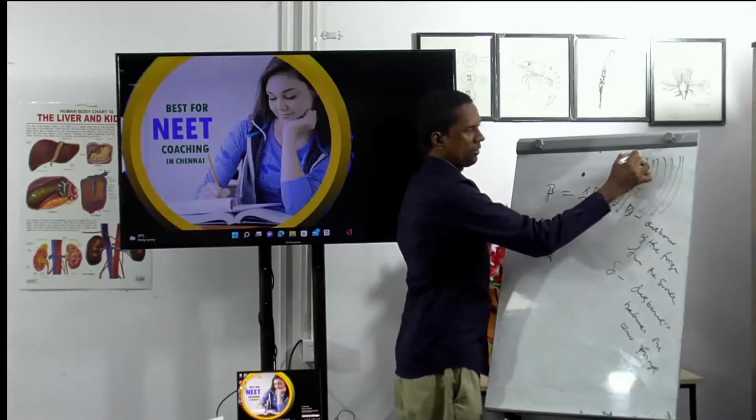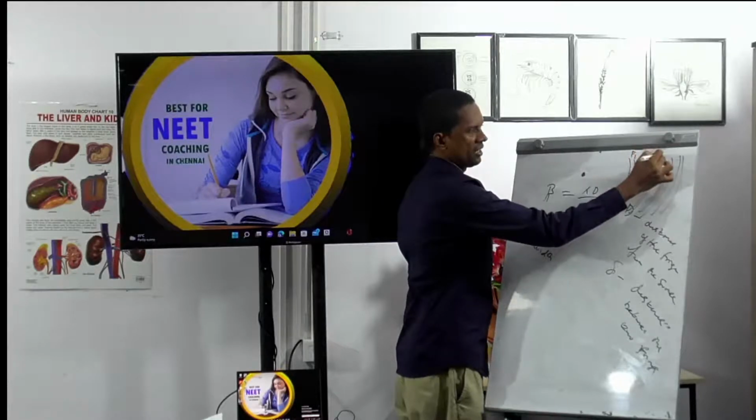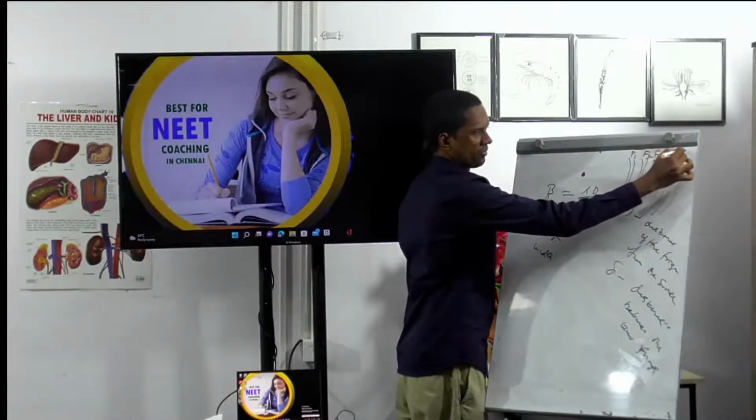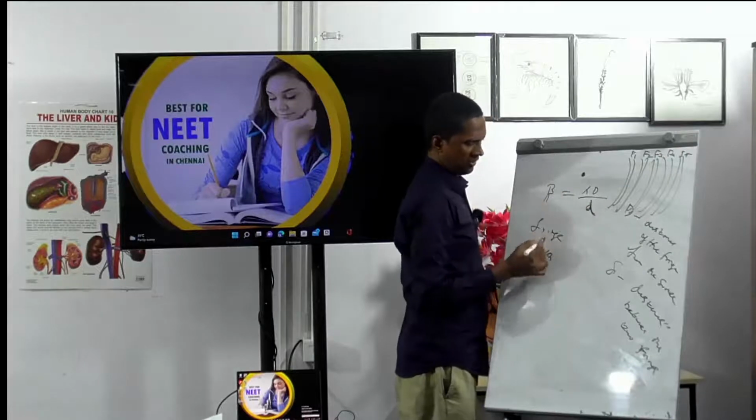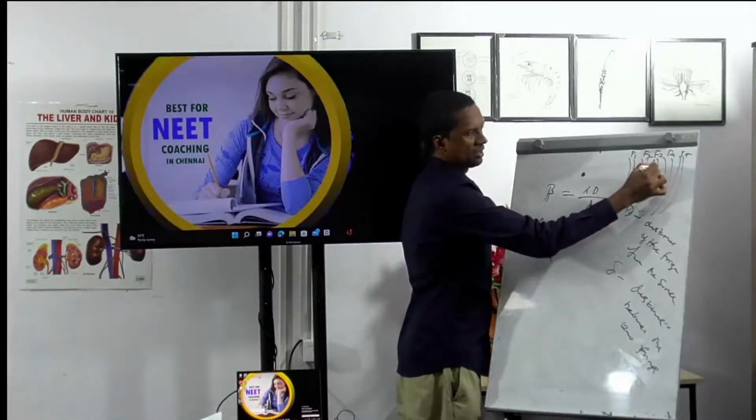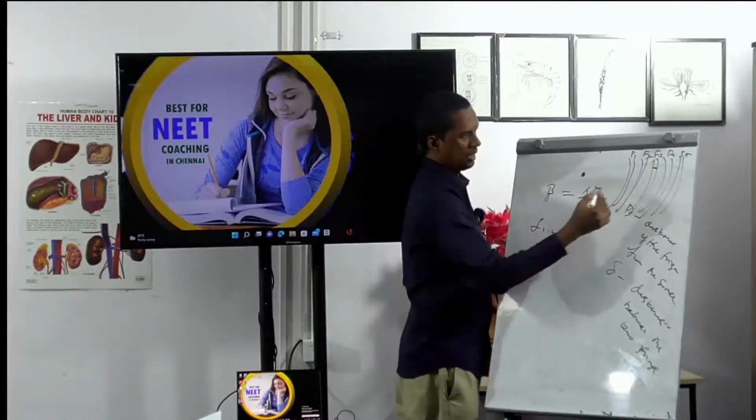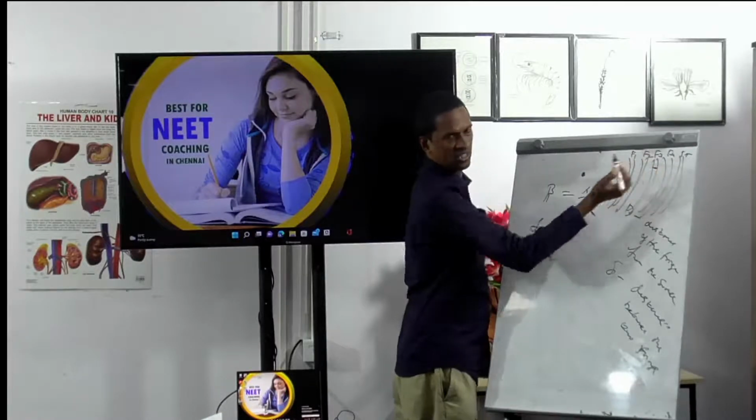Fringe 1, fringe 2, fringe 3, fringe 4, fringe 5 are all fringes. Take F3 itself.